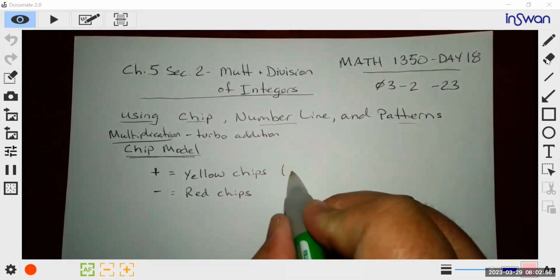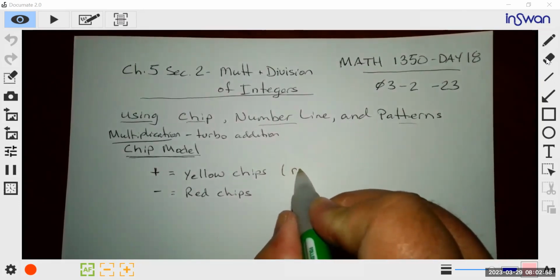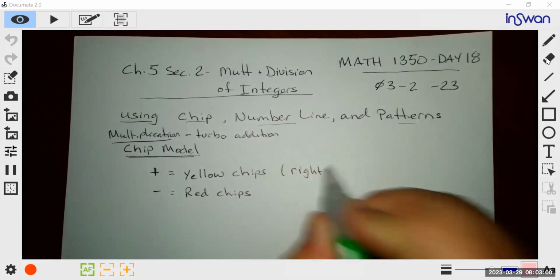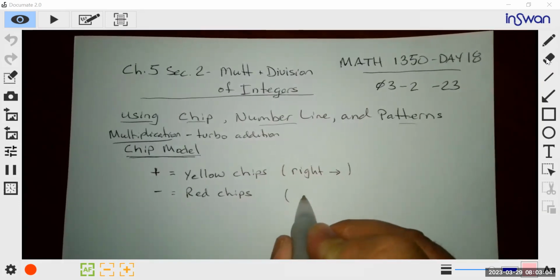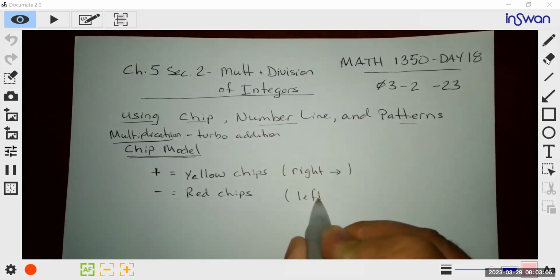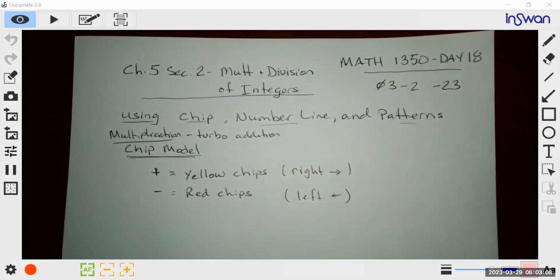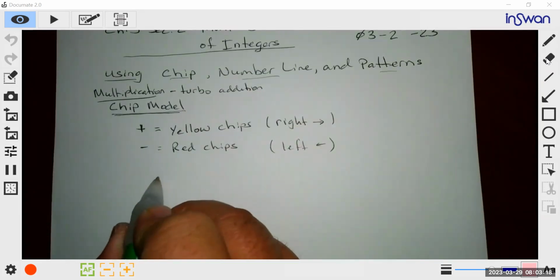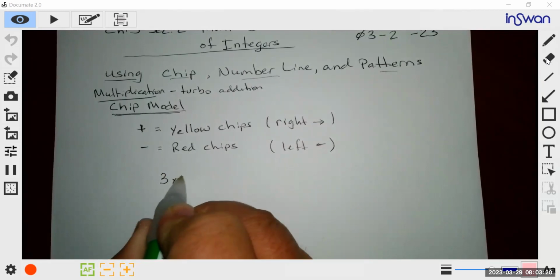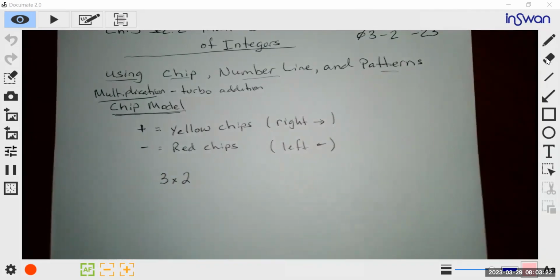So remember, this is moving to the right. These move to the left of the number line. So we could use these chips throughout the whole thing. So how do we use chips if we had 3 times 2?